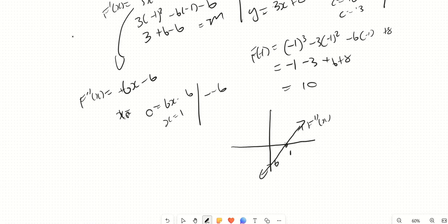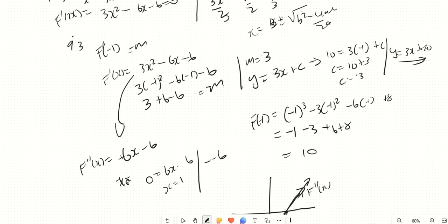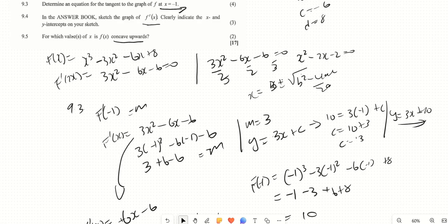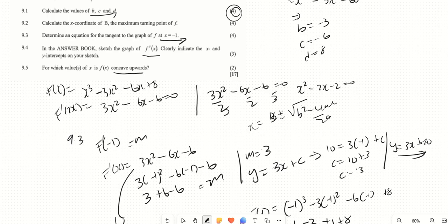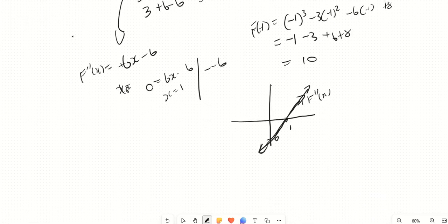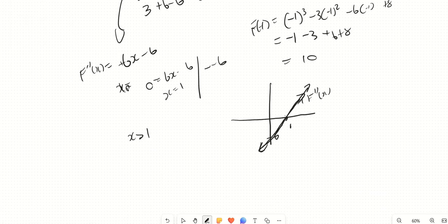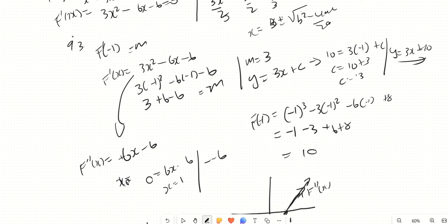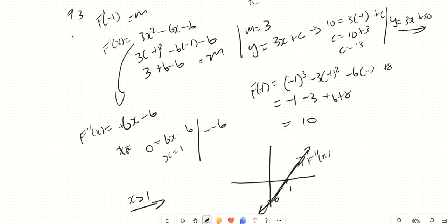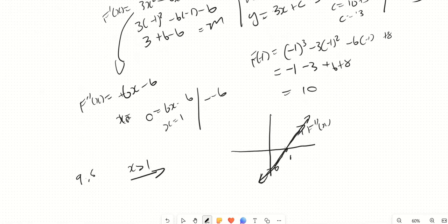The graph is concave up if it is above the x-axis, and concave down if the graph is below the x-axis. So concave up will be there when x is greater than 1. That is the concave up here. This is question 9.5.